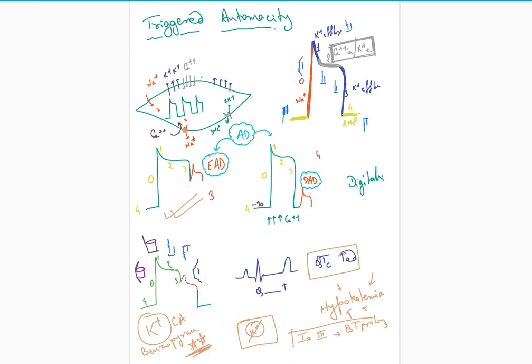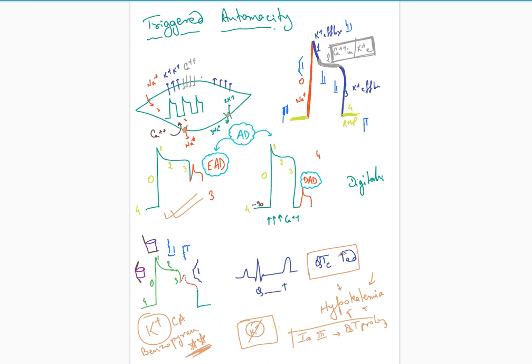Once the plateau is over, calcium closes, and potassium efflux brings about repolarization. Then the resting membrane potential is achieved, and sodium is pumped out by the sodium calcium exchanger and the sodium potassium ATPase. Got it?